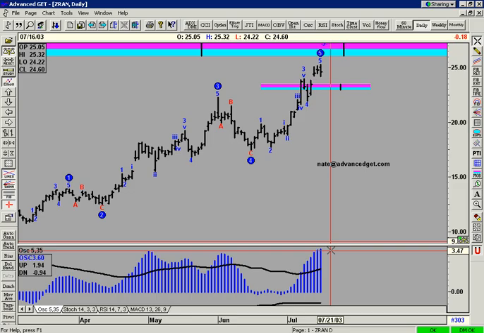Not all markets will show the same wave count. This is just a stock. ZRAN is the symbol. This isn't the market overall. This is a specific stock. You'll see different wave counts on different symbols and different wave counts on different time frames as well. Perhaps in a future session we'll go over time frame convergence with Elliott waves as well.